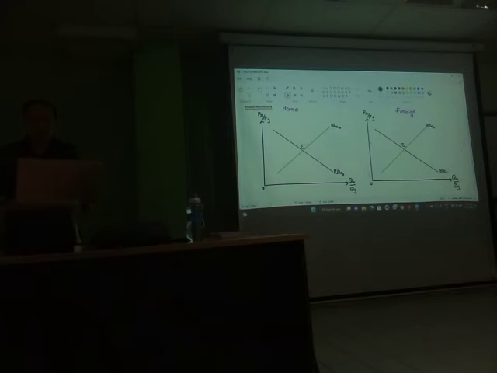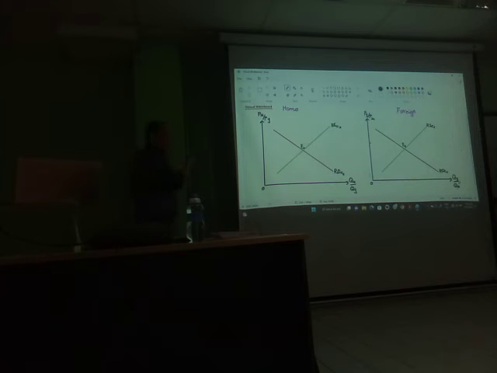Okay, I shift the relative supply curve to the right side, like this one. This is relative supply curve 1, and here I have this new equilibrium E1.